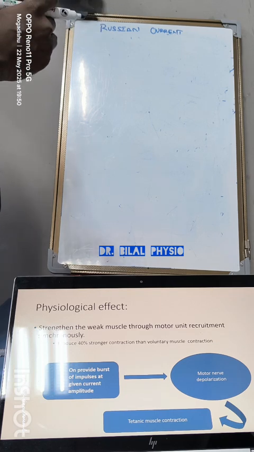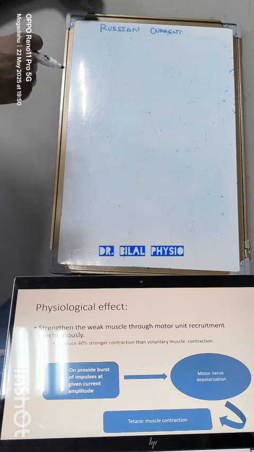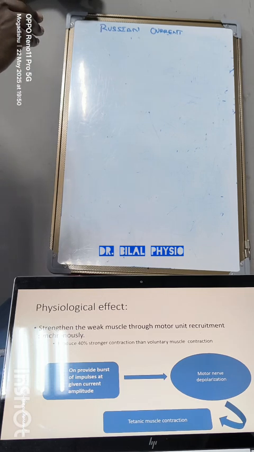In Russian current, this is achieved as a voluntary-like muscle contraction in a synchronized manner, by initially stimulating the fast twitch muscle fibers followed by the slow twitch type 1 muscle fibers.